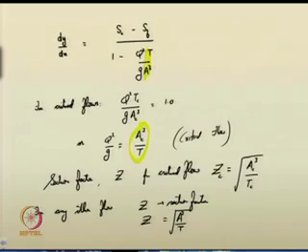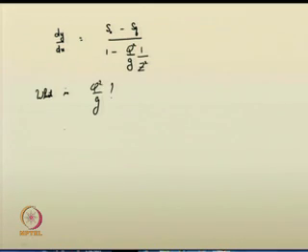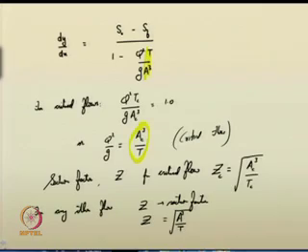Go back to the previous slide. Q squared by G is nothing but equal to the square of the section factor for critical flow, that is, q squared by g is equal to Zc squared. Just go back again here, q squared by g is equal to Ac cube by Tc, and Zc is given by the square root of Ac cube by Tc.